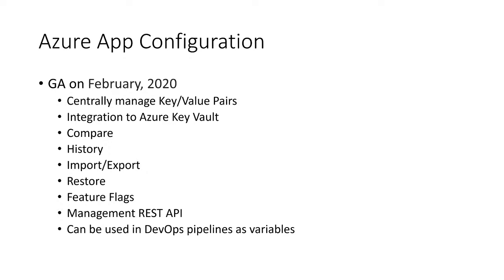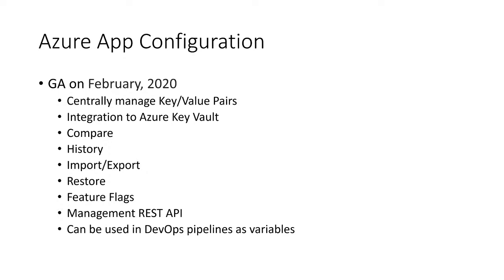The main feature of Azure App Configuration is centrally managed key value pairs, and it has the ability to integrate with Azure Key Vault. In app configuration, it's just basically key value pairs, so you have the key and the value. If someone gets access to it, they can just see it.